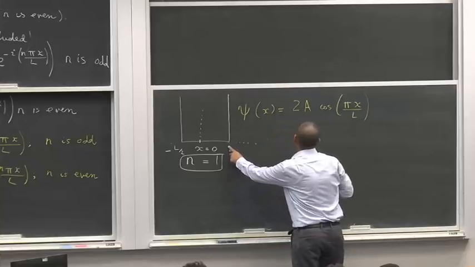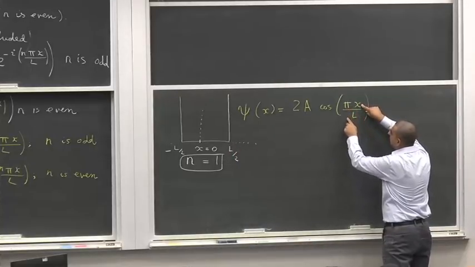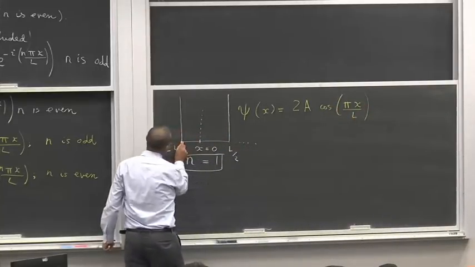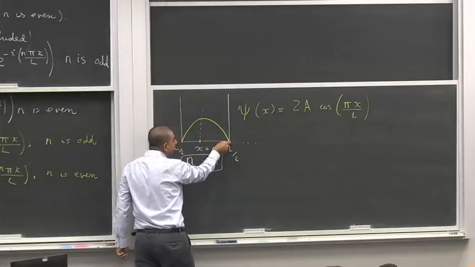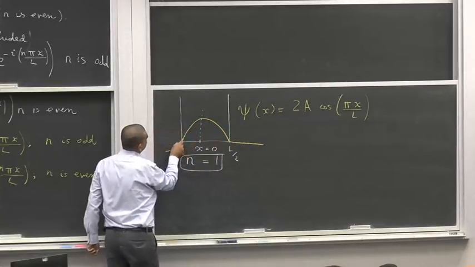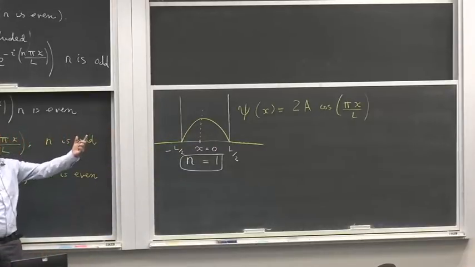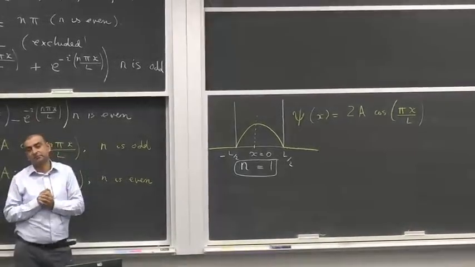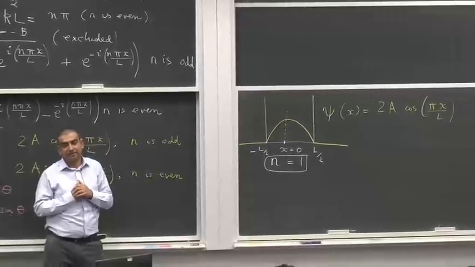When x equals L by 2, this becomes pi by 2, cosine of 90 is 0. So it's like a cosine function. Outside this region, the wave function goes to 0. So now we have found the wave function corresponding to n equals 1. This is the wave function.